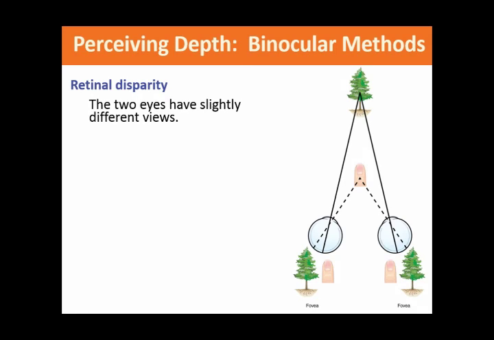And if you have slightly different views of the object, your brain assumes that the object must be closer to you. So if we look at this picture on the right, we've got the person looking at the finger that's closer to their face than the tree, right? And if you follow the line of light reflecting off the finger and where it's landing on the retina, you can see that that's landing in a different part of the eye.